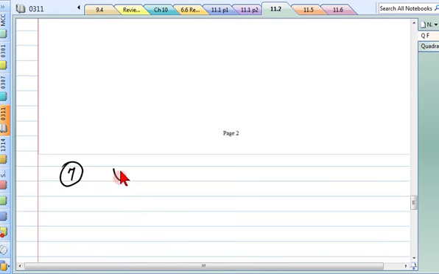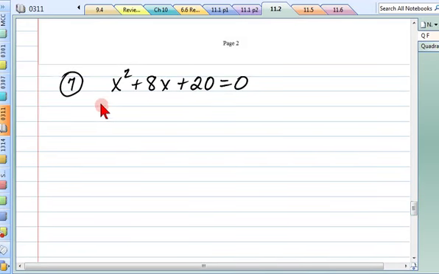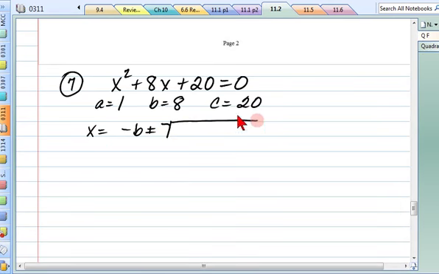It is x squared plus 8x plus 20 equals 0. It's in the right form. A is 1, B is 8, C is 20. So I'm going to have x is equal to negative b plus or minus the square root of b squared minus 4ac all over 2a.